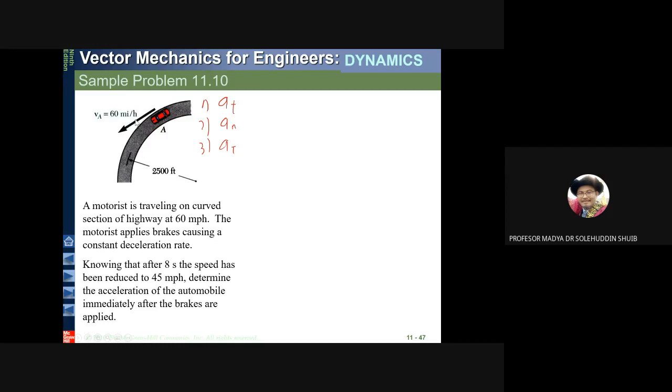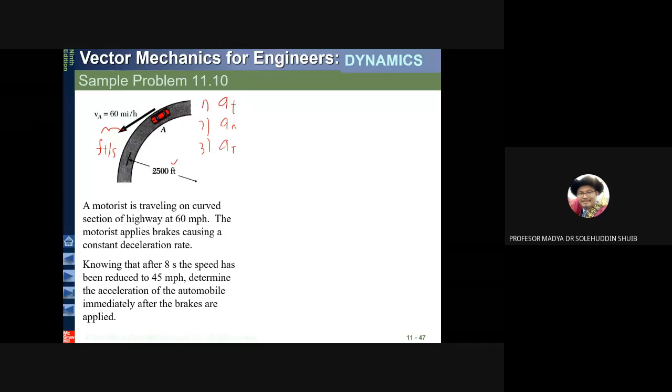Before we proceed, as I mentioned this morning, we need to do the conversion. We have to convert miles per hour into feet per second, because we want the value in feet per second.